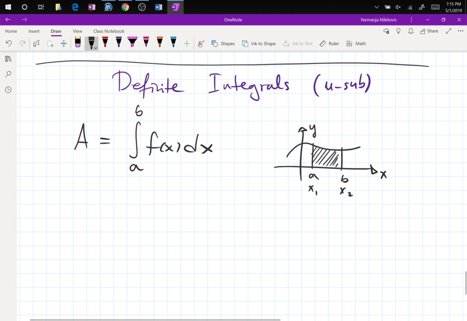Now clearly we are going to go with the most amazing example immediately. Integral from pi over 6 to pi over 3 of sine to the 6 x cosine x dx.